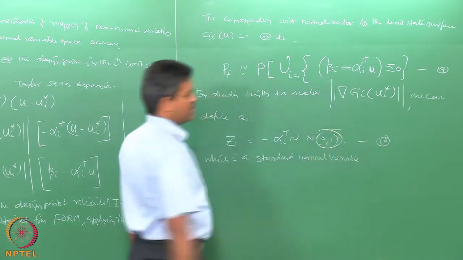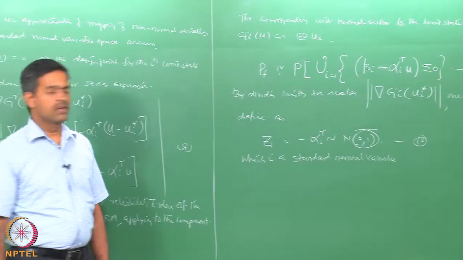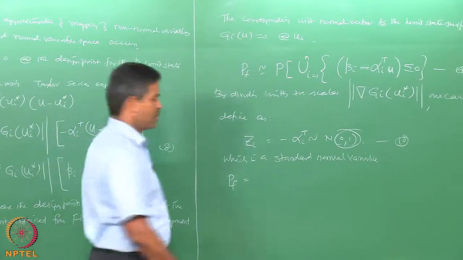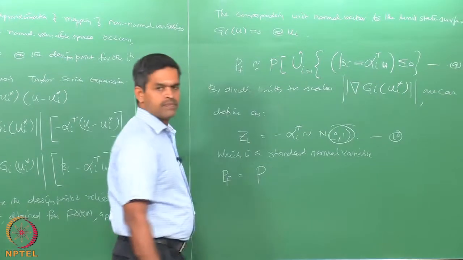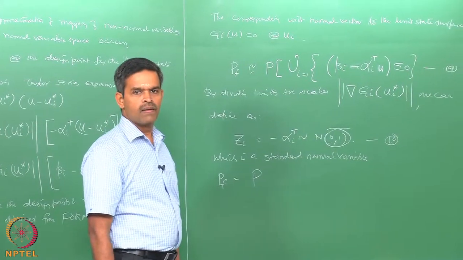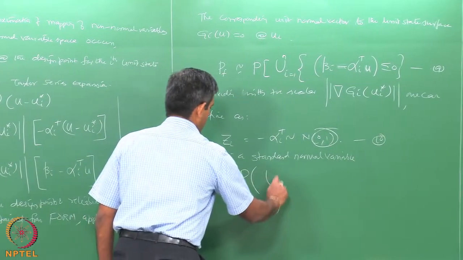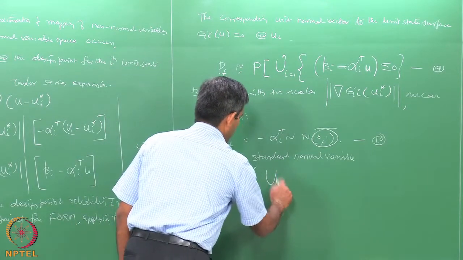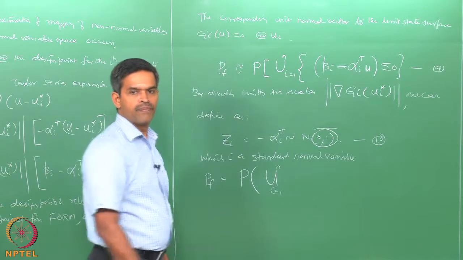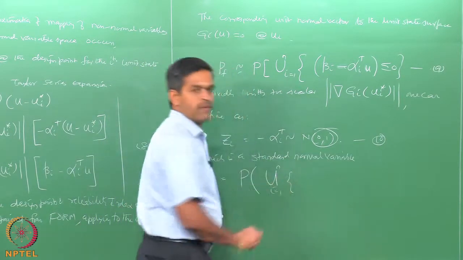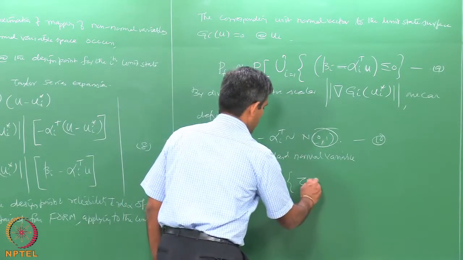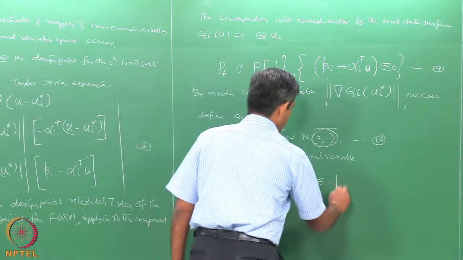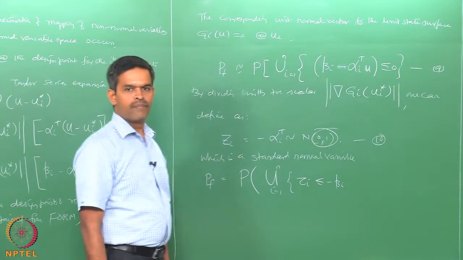With zero mean process, in that case, probability of failure is given by probability of union i equals 1 to n Z i less than or equal to beta i. Okay.